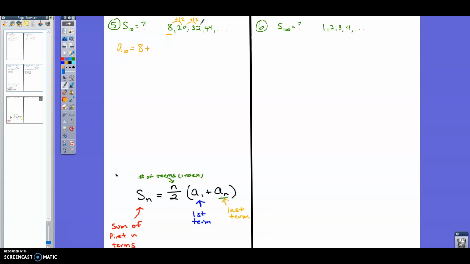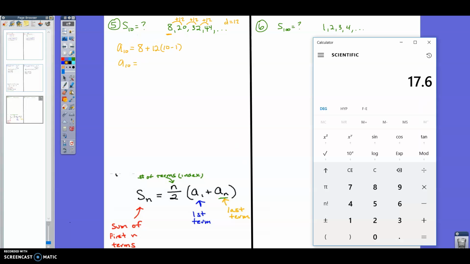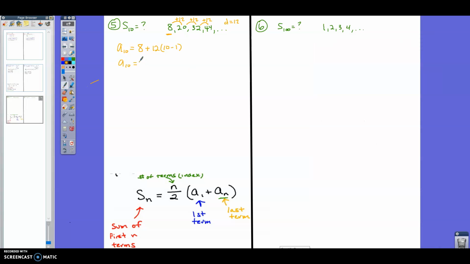Here we added 12. Here we added 12. So our common difference is 12. And then we're going to multiply that by n, which is 10 minus 1. So that's 9 times 12 is 108, plus 8 would be 116. So our 10th term is 116.